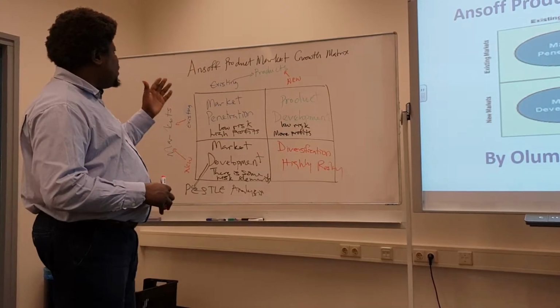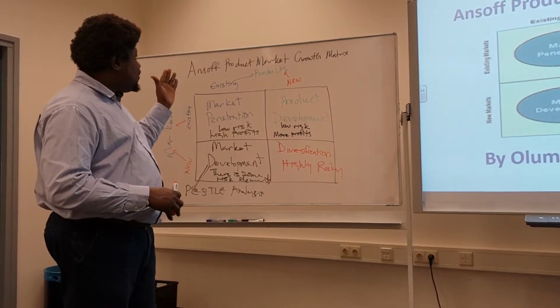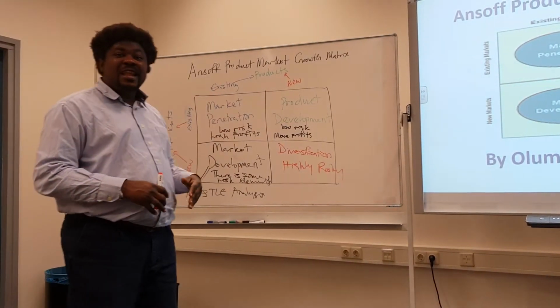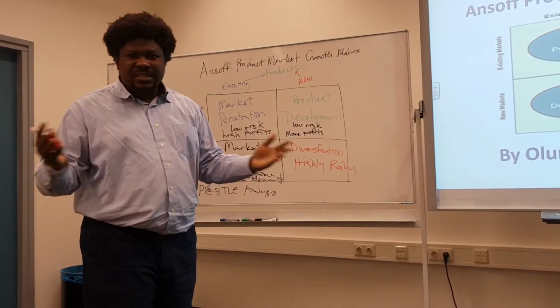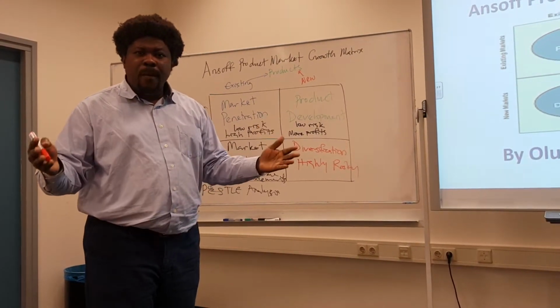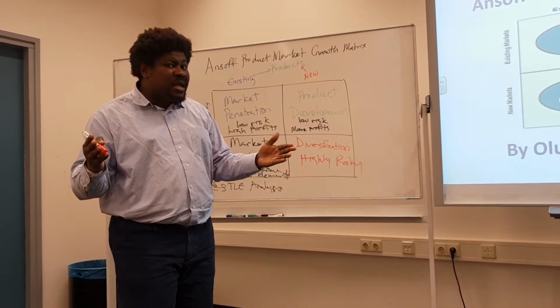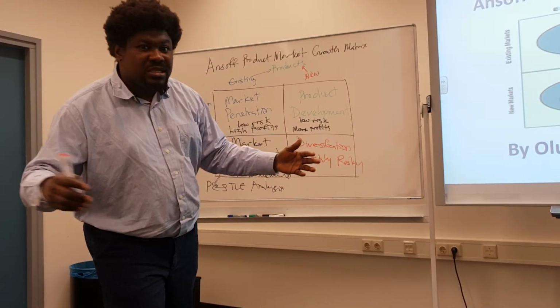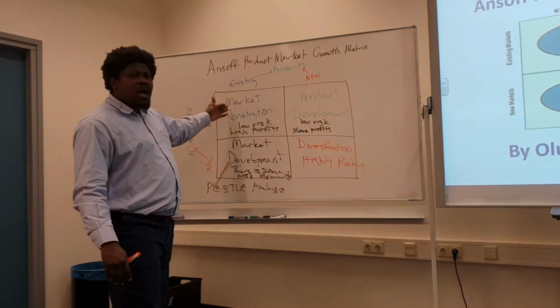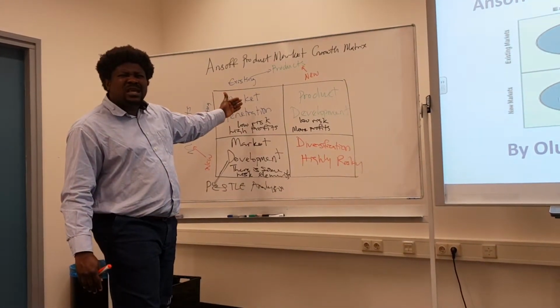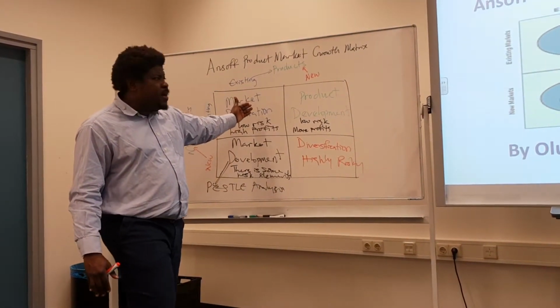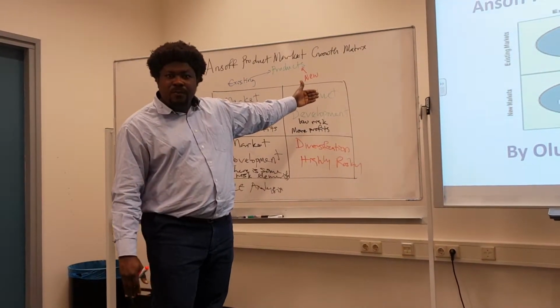And the Ansoff Product-Market Growth Matrix can be used by business organizations to gain more profits, to gain competitive advantage, most importantly as an extension strategy. So you start here: people are tired of our services, people are tired of our products. You give them a new product.